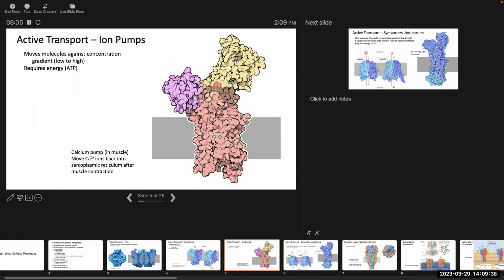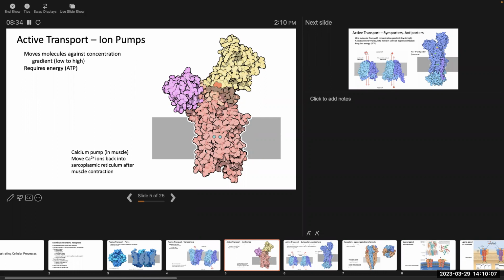So they're pumping molecules from an area of low concentration towards an area of high concentration, which would not happen spontaneously. And it requires energy to pump something against its concentration gradient. That energy is usually in the form of ATP. So these ion pumps require ATP to pump ions in a certain direction.